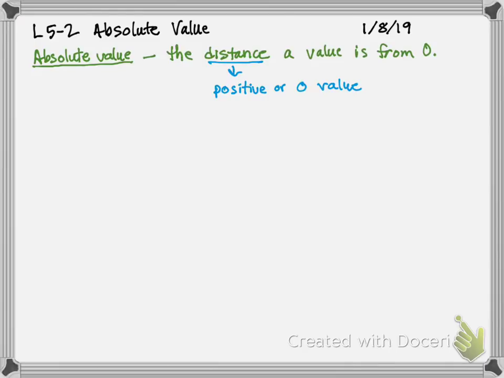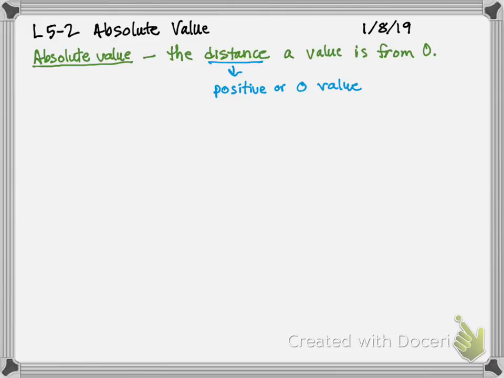Now, when it comes to numbers and we look at signs, people somehow think that if a number has a negative sign there's something wrong with that number. Again, all that negative sign means is a direction from 0. It's saying it's to the left of 0, whereas the positive numbers are to the right of 0.